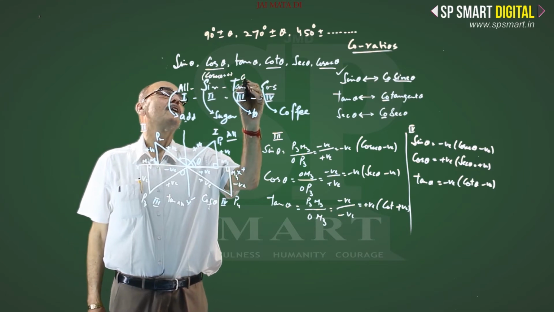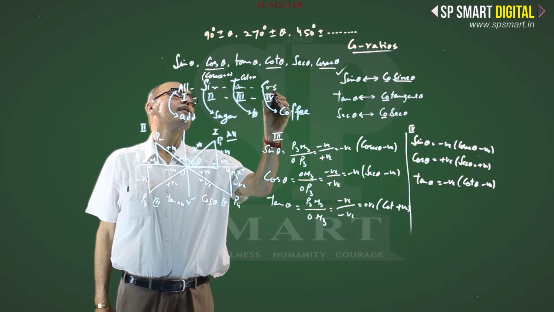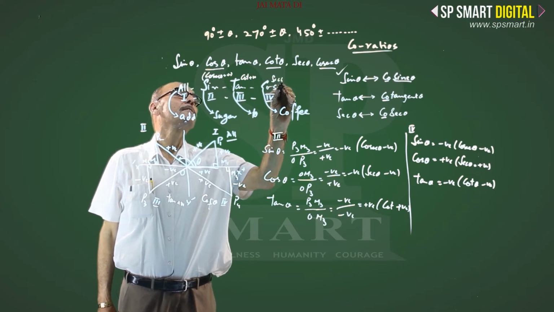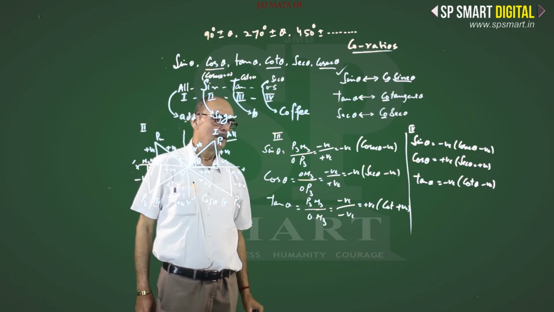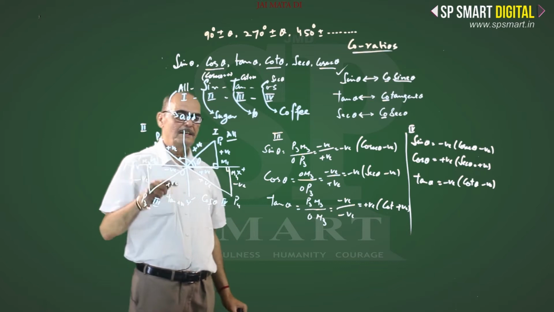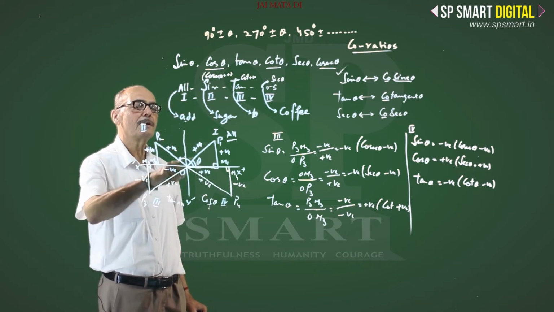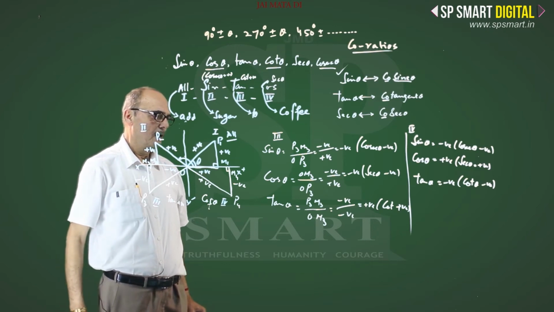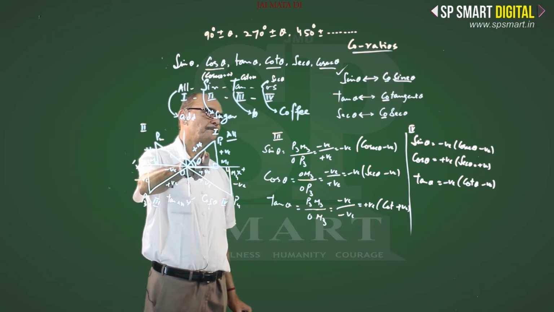In third quadrant, tan theta and cot are positive, and in fourth quadrant secant is positive along with cos theta. So, we observe here whether it is a second quadrant or third or fourth or first quadrant, all trigonometric ratios are positive in the first quadrant.